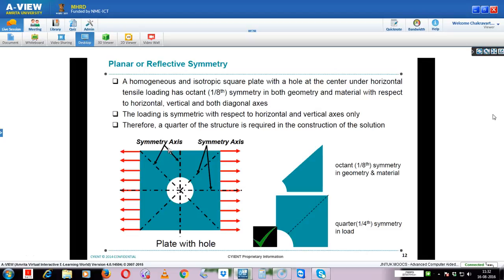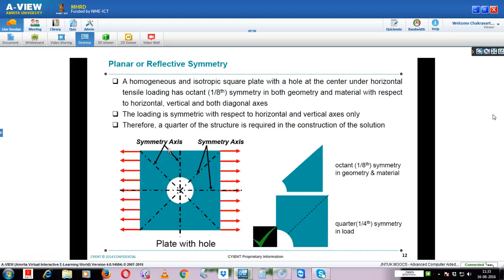First is geometry, and also it should have load symmetry, boundary conditions or displacements, and fourth one, material properties. So these are the four important things it has to exhibit.